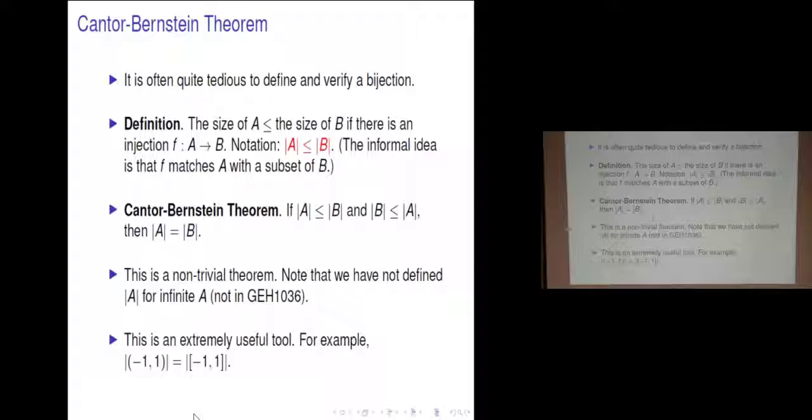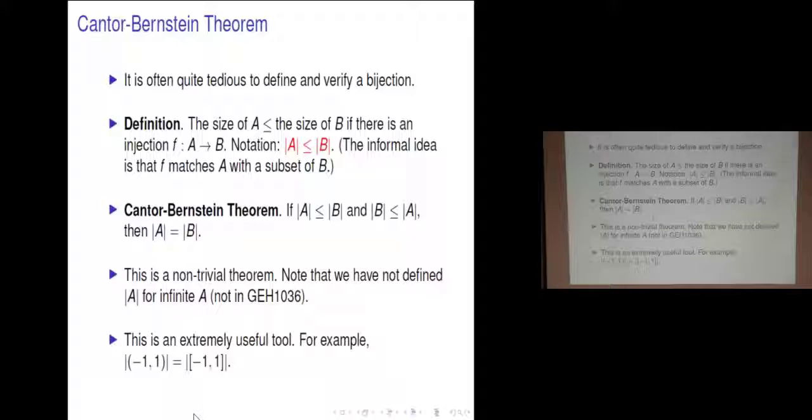But this is why I say this is useful. For example, the bracket means the interval. This is on the real line. If you look at real numbers between -1 and 1, the closed interval, the real numbers bigger than or equal to -1 and less than or equal to 1.